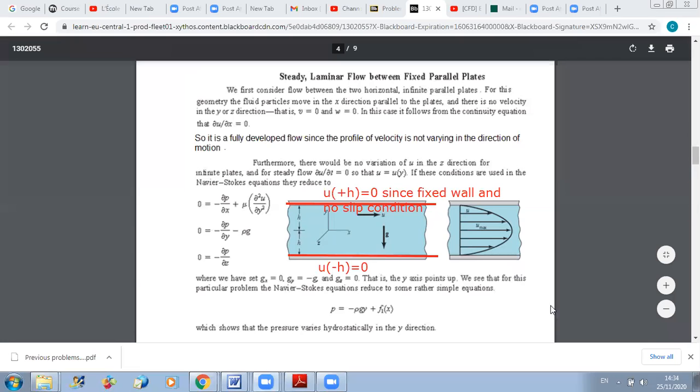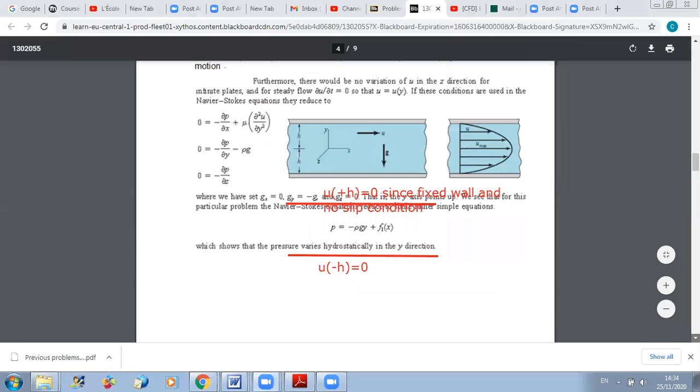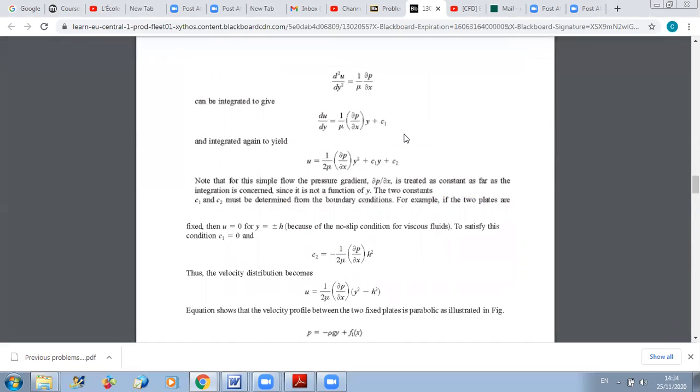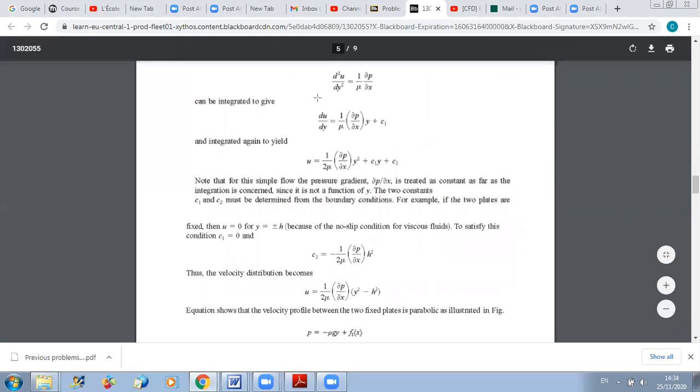So I go back to my equation. Now, we can also use that at y equals 0 we have the maximum u. Yes, you can use this. You can say due to symmetry, I have the maximum at the middle, exactly. And then which condition do you use if you want to use this?